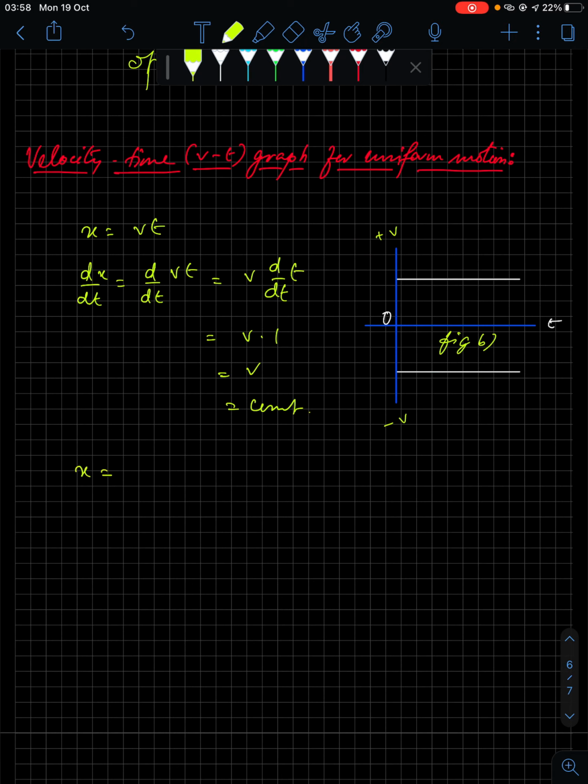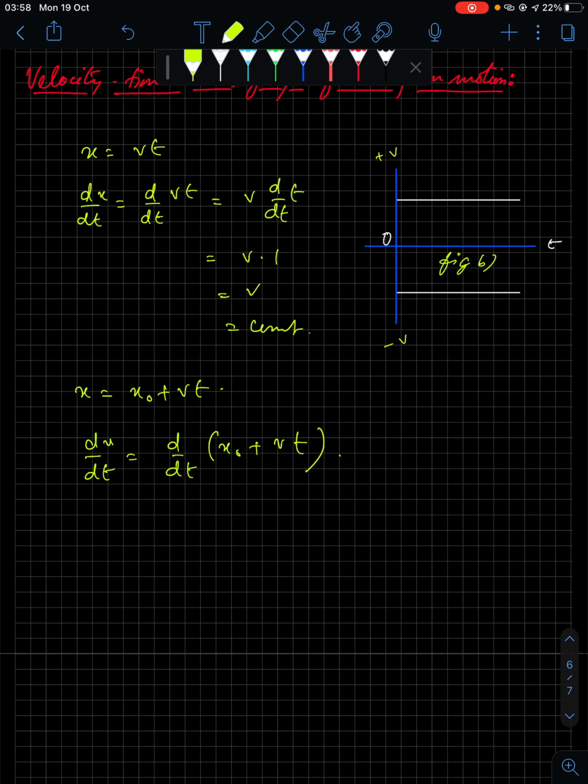And if we differentiate the other equation, x equal to x naught plus vt, dx by dt, then you get d/dt of x naught plus vt. So d/dt of x naught is 0, yes, because x naught is a fixed distance, right? If you recall the previous diagram.